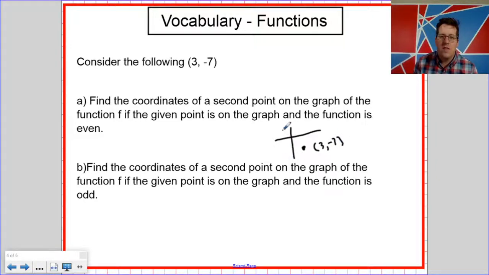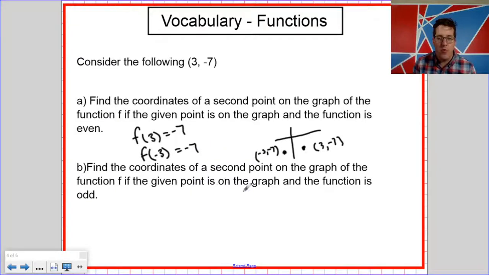If the function is even, then it would have to be reflected over the y-axis, which means we would also have to be able to find the point -3, -7. To look at this more algebraically, if I know that f of 3 equals -7, then changing to the opposite input should keep -7 as my output.